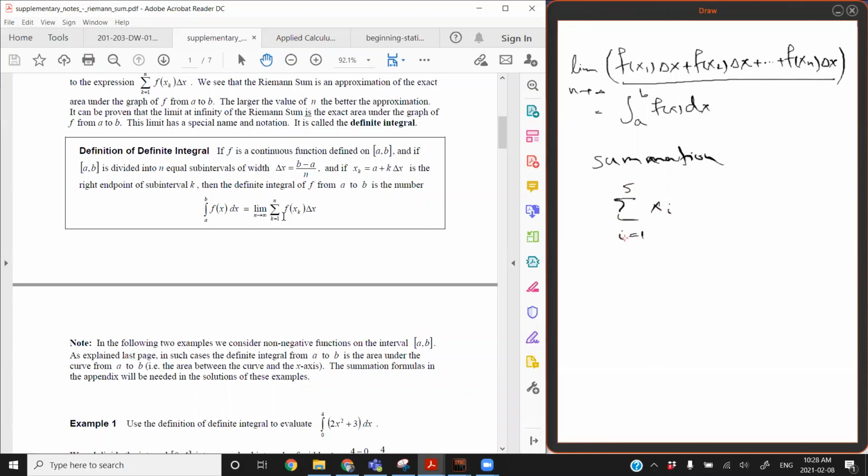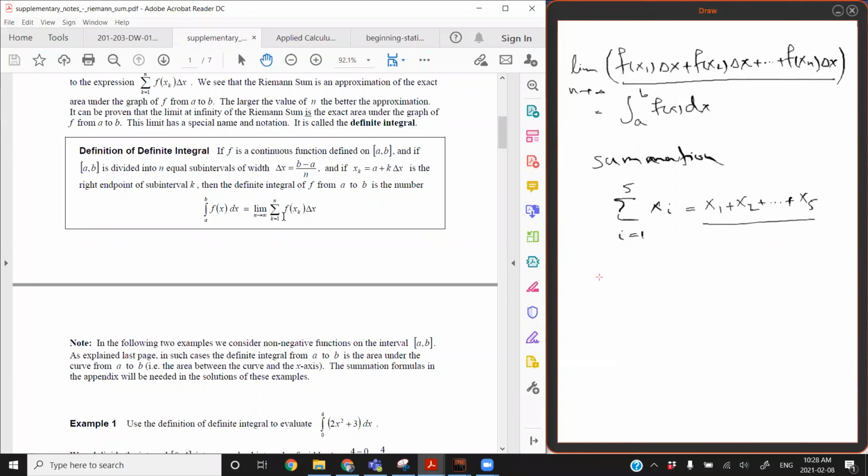Summation of xi, i from 1 to 5. i is called an index, and it begins at 1, it ends at 5. So this is actually x1 plus x2 all the way to x5. So rather than writing this long expression, we are using a shorthand notation.